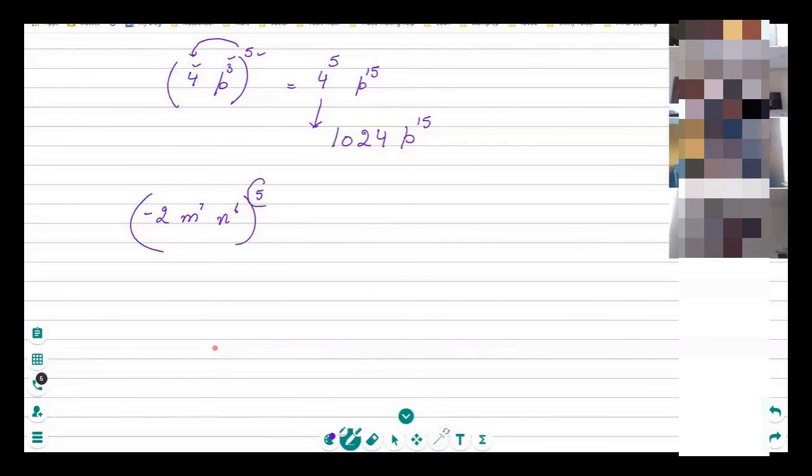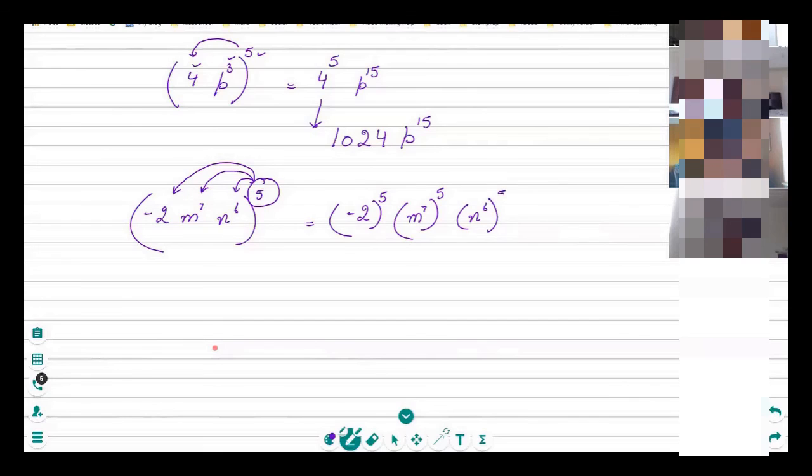But this power 5 is for all three of them inside the bracket. This is for 2 also, this is for this also, and this will go on this also. So when I give this power to each and every term inside the bracket, I get (-2) to the power 5, (m⁷) to the power 5, (n⁶) to the power 5.